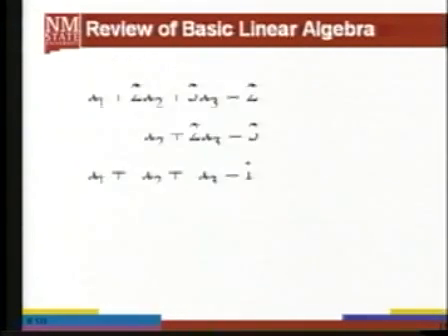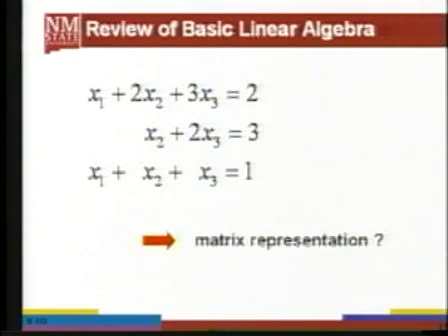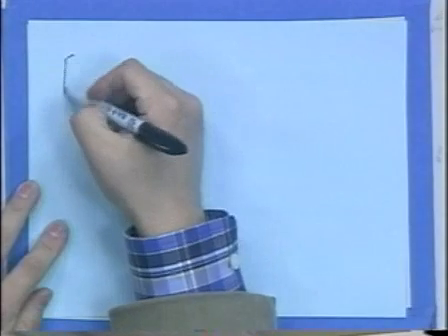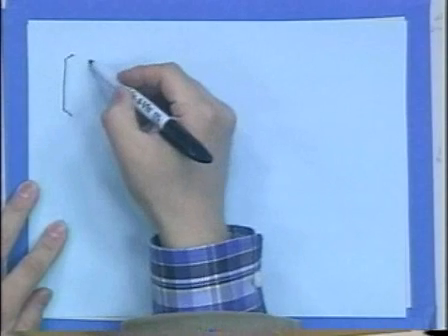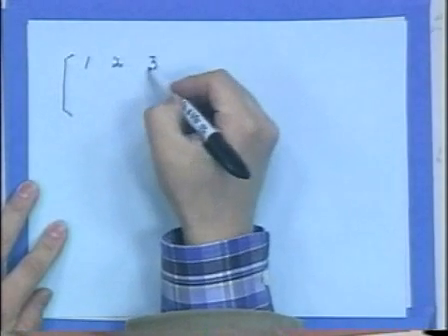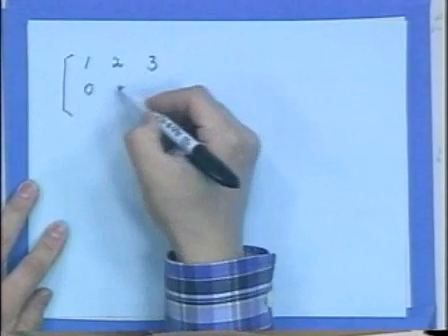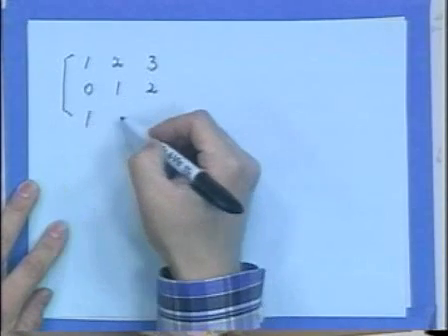So let's consider a simple example for this. In this case, how would you express this system of equations using matrix form? It's going to be a 3 by 3 matrix, 1, 2, 3, 0, 1, 2, 1, 1, 1.